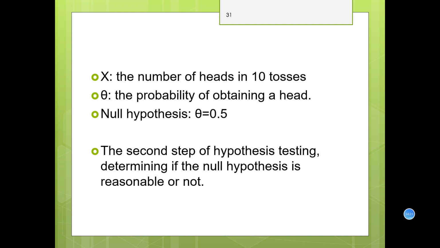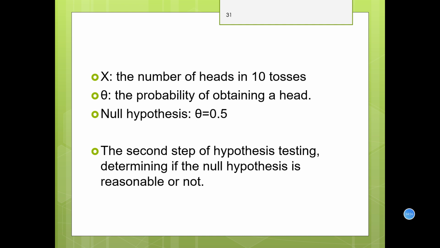So this now brings us to the second step of hypothesis testing, determining if the null hypothesis is reasonable or not. So that means we need to make a decision that the null hypothesis is right or wrong, or we can say that if the coin is fair or not.